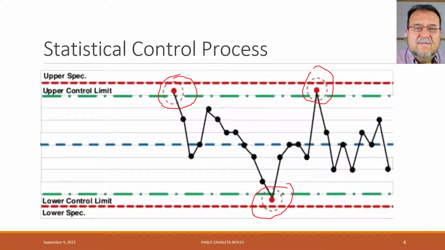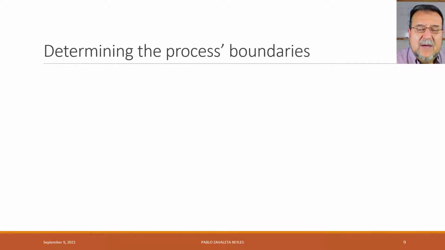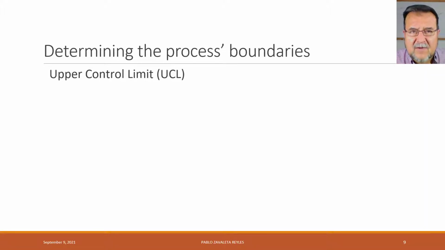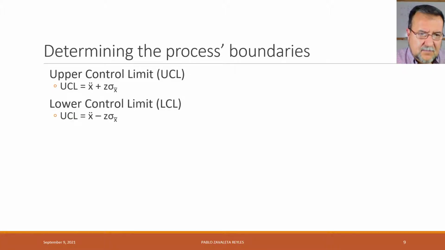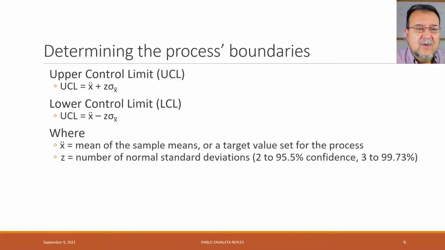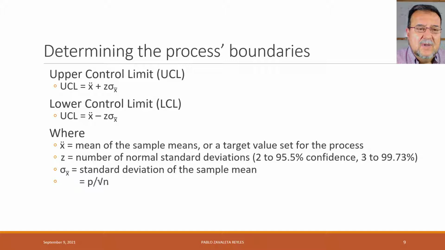How do we define those upper control limits and lower control limits? Well, essentially by using the same tools that we use for developing a confidence interval. That is, we use the median, the average, plus z, which is the number of standard deviations that we're willing to accept.